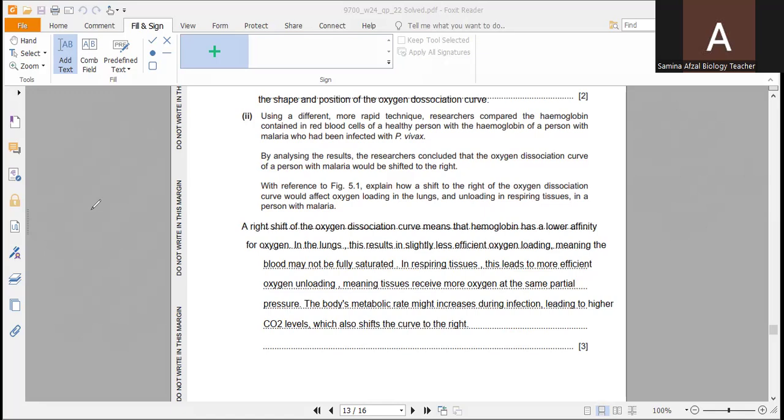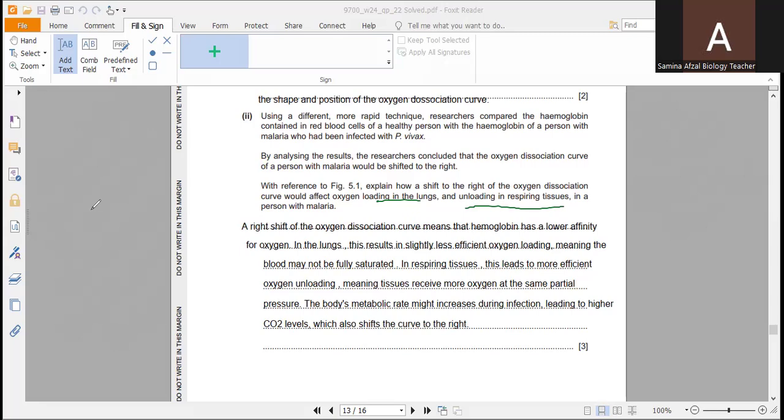With reference to the figure, how would a shift to the right of the oxygen dissociation curve affect oxygen loading in the lungs and unloading in the respiring tissues in a person with malaria? So, the question is how loading and unloading will take place in the respiring tissues. And here I would like to explain first.